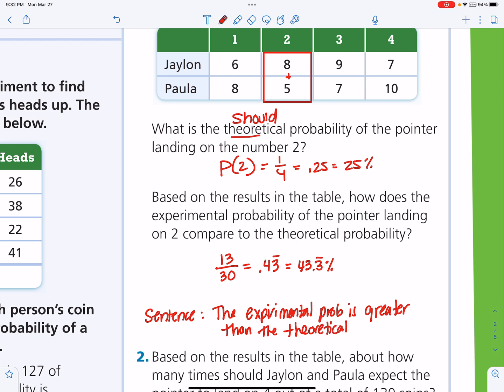And if you want to be more specific, you could even say exactly how much greater than, or you could say about how much greater than is an option as well. And it would help if you spelled experimental correctly with an E.